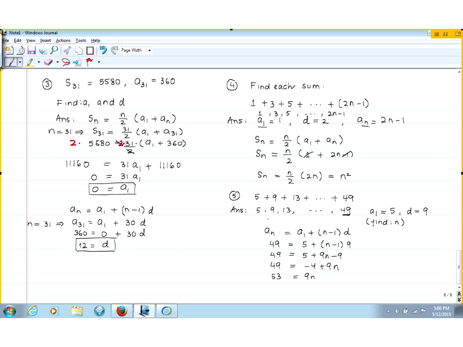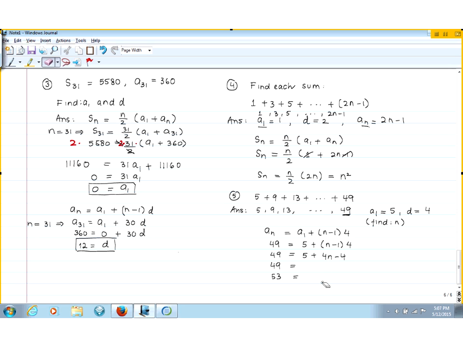Hold on. Did we do anything wrong here? Give me a minute. So A1 is 5. Oh, I'm sorry. d is not 9. d is 4. So the difference is 4. Oh, no wonder. So in this case, d is 4.